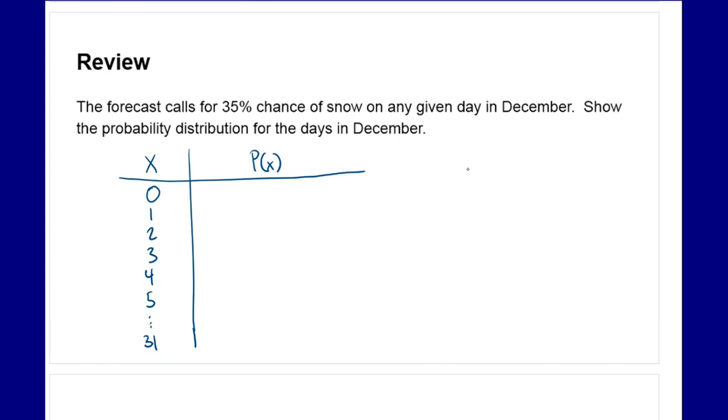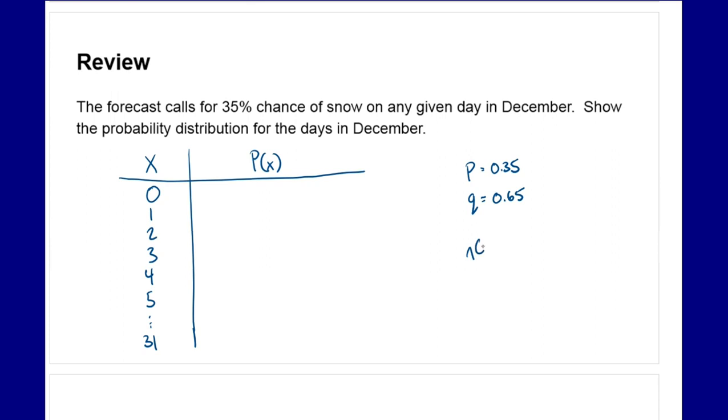So we need our probability of success and our probability of failure. In this case, success, looking for days of snow, is 35% or 0.35. The probability of failure, so no snow, would be 0.65.